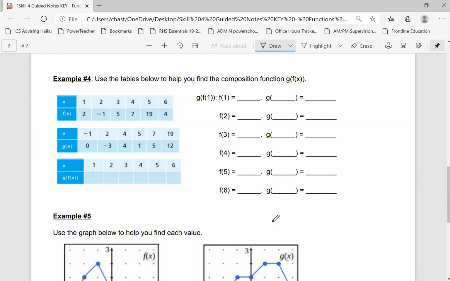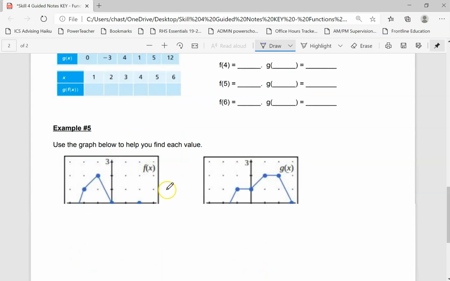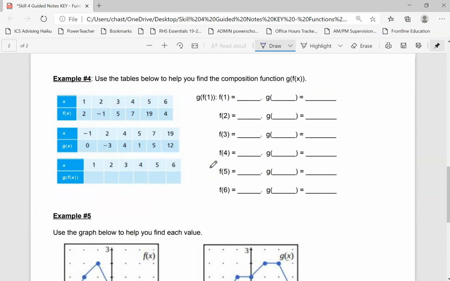All right, last thing I want to show you is how to use tables to find compositions, and then how to use graphs to find compositions. All right, looking at this table, this top table tells us an f of x function. We see the f of x right here. The top row is the inputs, and the bottom row is the respective outputs.